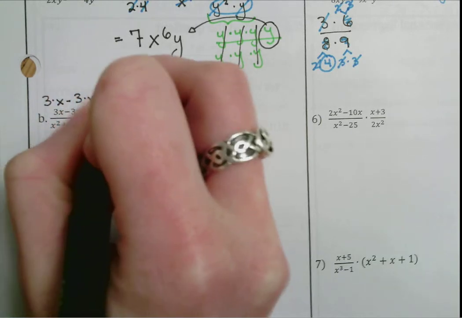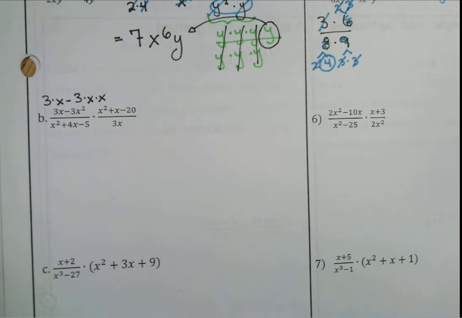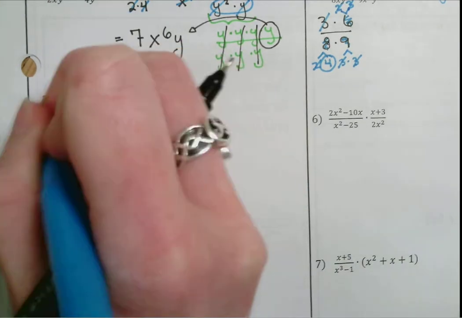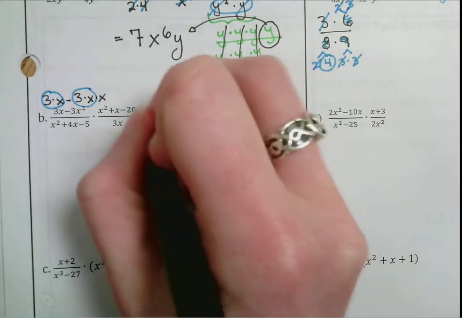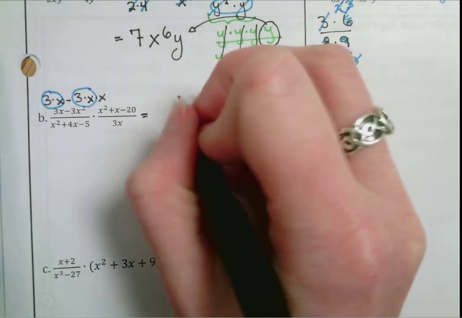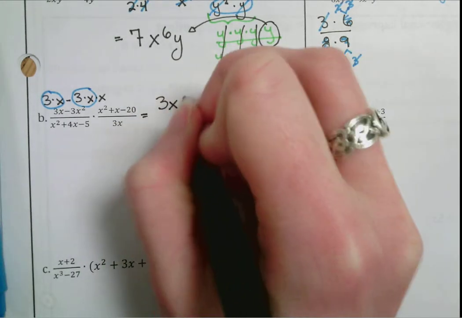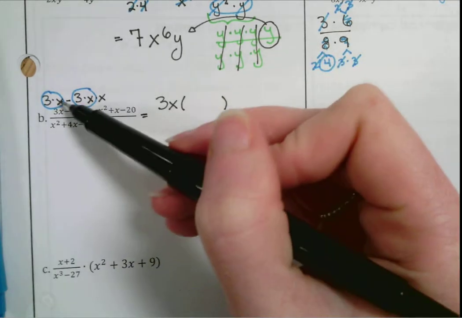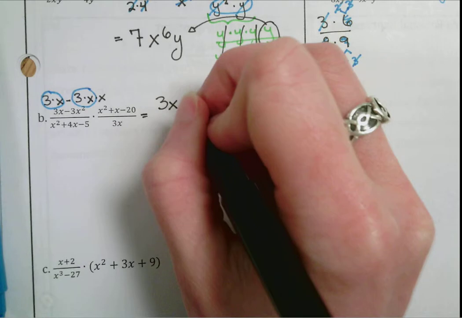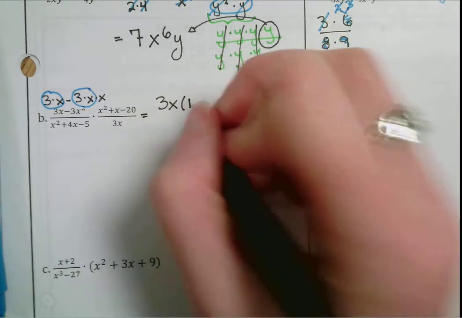So these both have a 3x in them. That's going to be divided out and come up front as a factor. So I'm going to have a 3x in the front, that's what I circled, and then I say, okay, what did it leave behind? Well, if it left nothing behind when you're dividing, that placeholder is a 1. Minus, well, the 3x is disappearing, but it leaves behind an x.